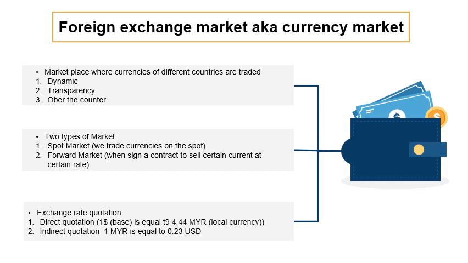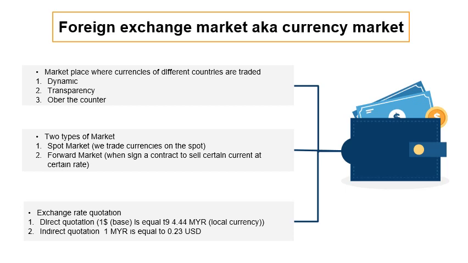And there are two types of exchange rate quotation. The first is the direct quotation, when we compare a base dollar with the local currency, for example, $1 is equal to 4.44 Malaysian ringgit.